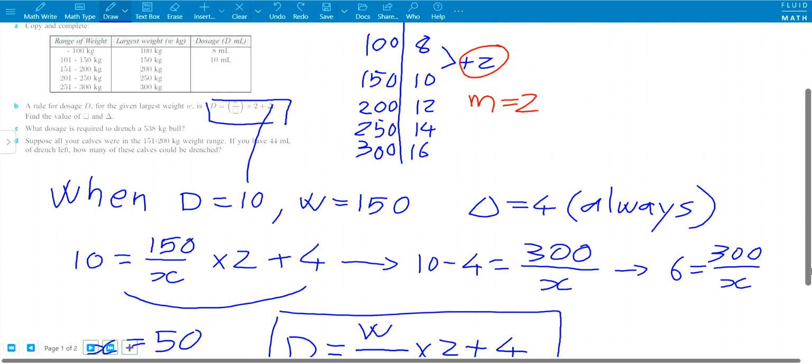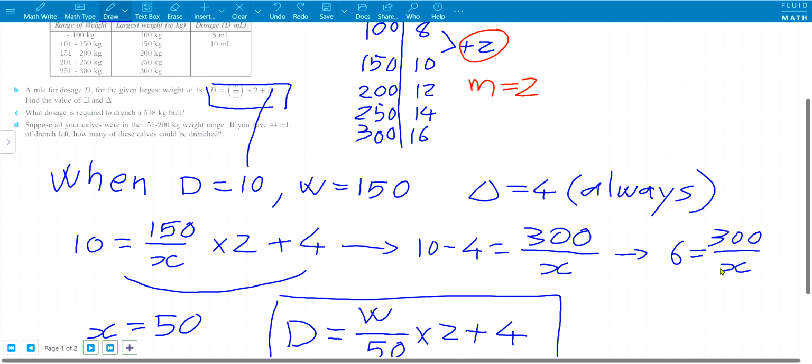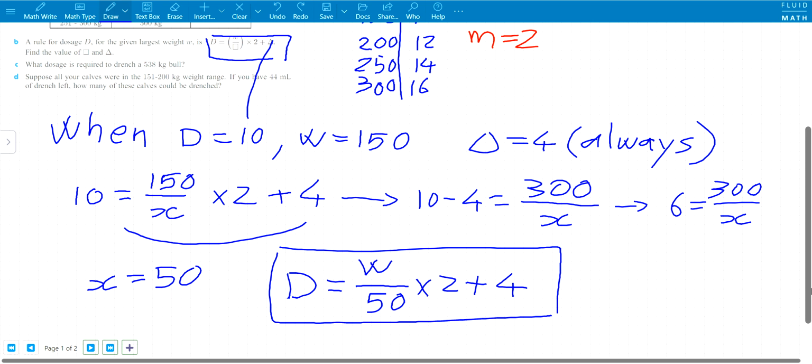And now 10 minus 4 is 6. 300 divided by what is 6? x is 50. And now I can write my equation with all the values included. D equals W over 50 times 2 plus 4. So I've got the square and I've got the triangle delta.